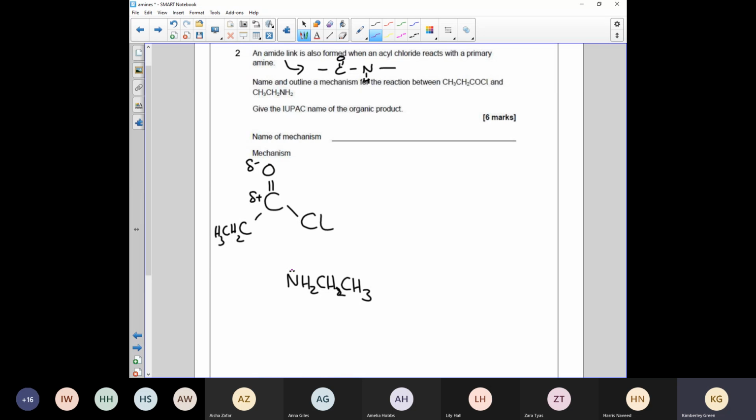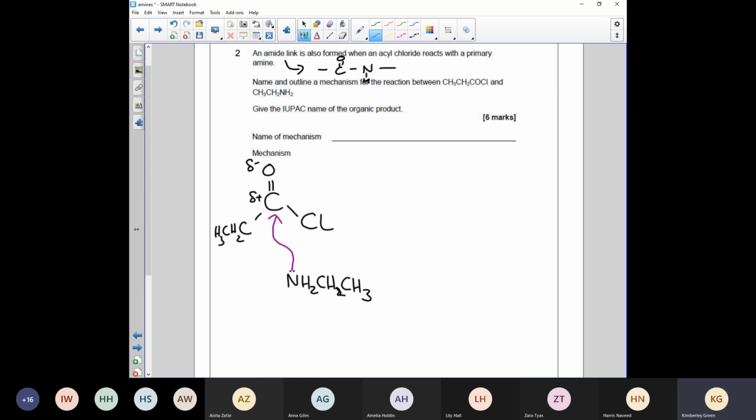Don't have them floating around, make it clear. It's attracted to this positive carbon. What does that show? That shows that we are now making a bond between the nitrogen and the carbon, that lone pair on the nitrogen coming together with the carbon and forming a bond.